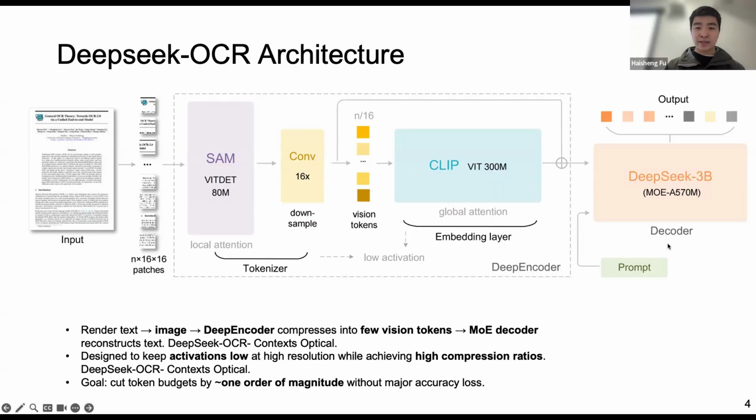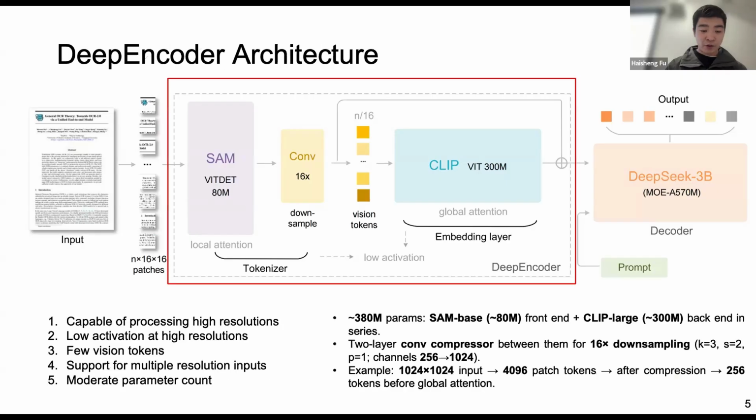And the decoder is an MoE architecture. It has 570 million activated parameters during inference. The key idea of MoE here is routing.